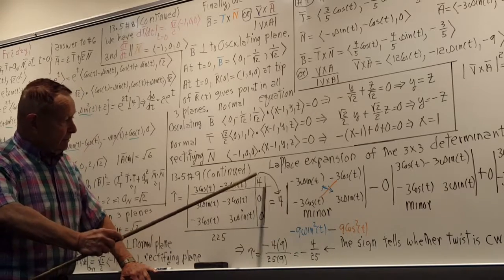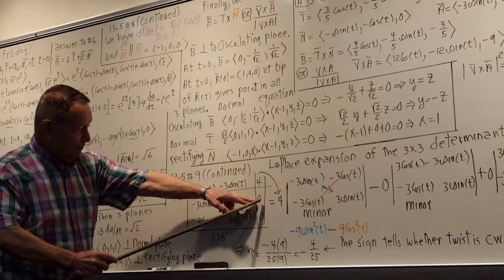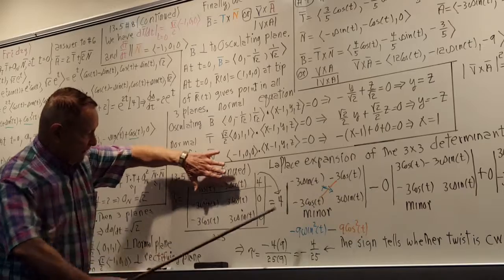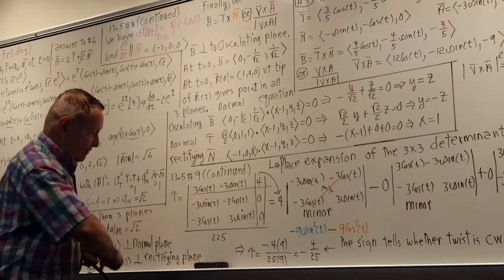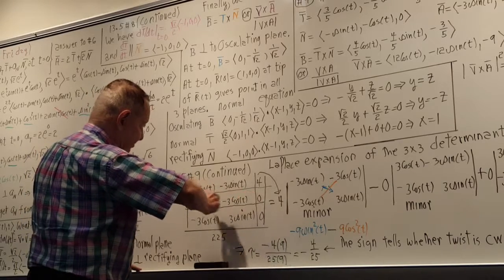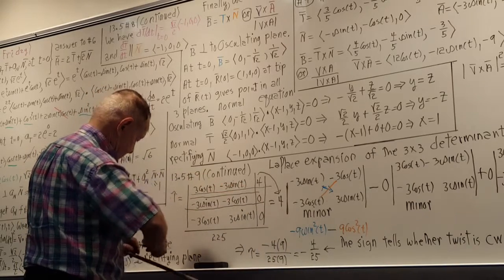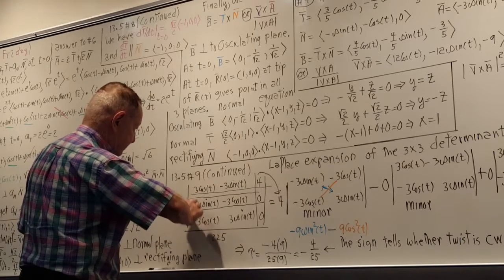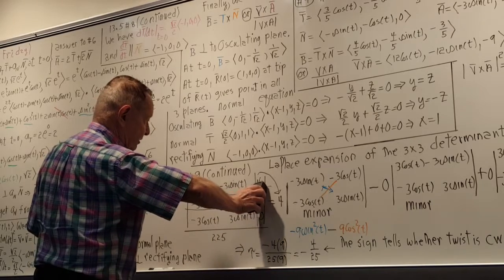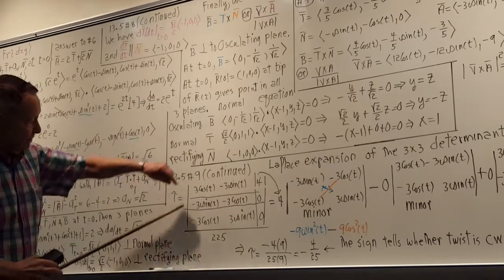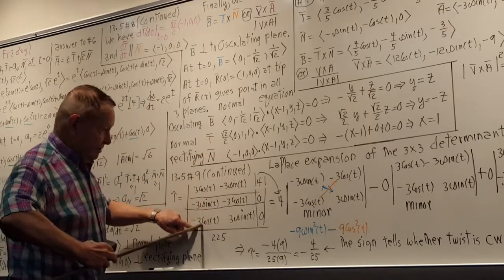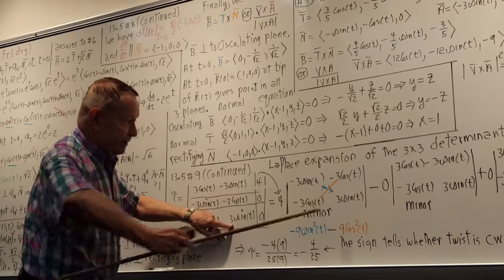And then continuing, you would go to the next entry in the row and times by its minor, which is what you'd get if you played cross out with that row, and then this wouldn't be crossed out anymore. So your minor would be this one, this one, this one, and that one.